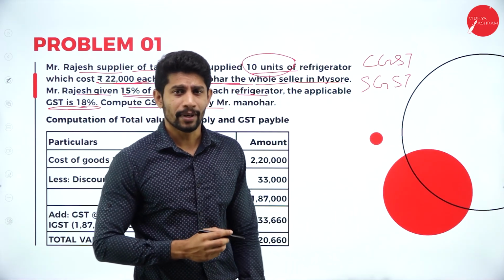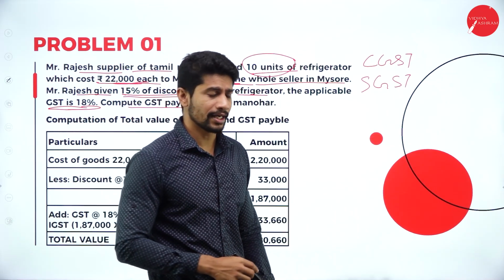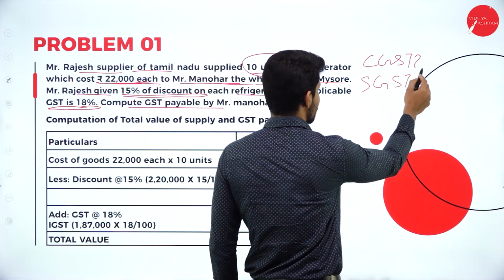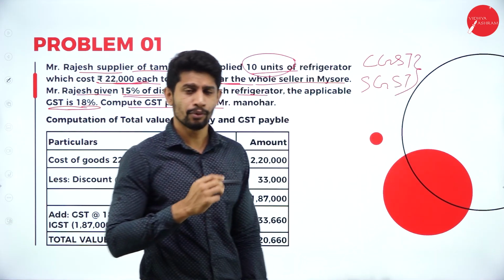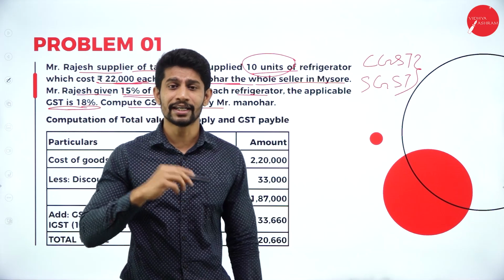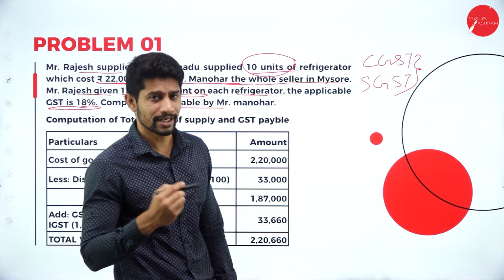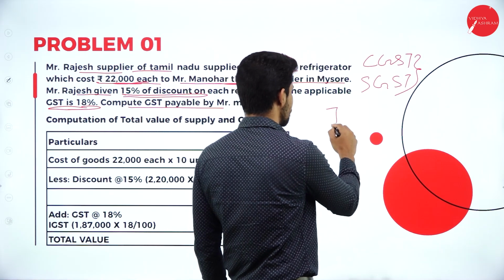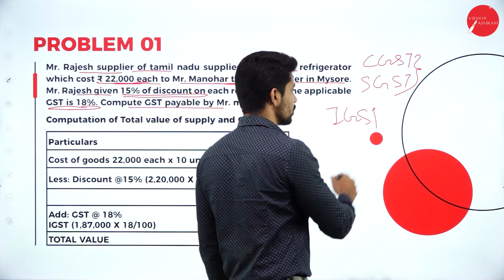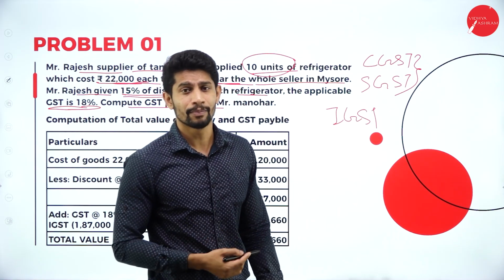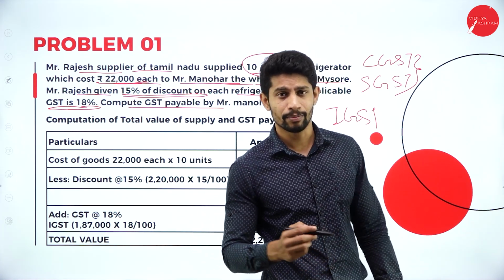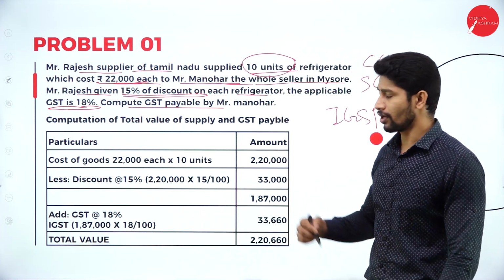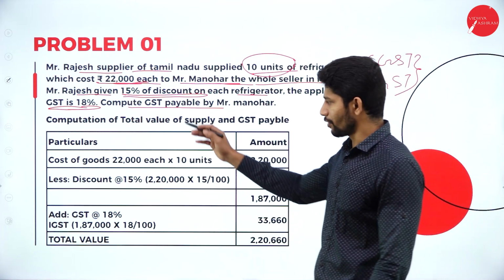If both buyer and seller are in the same state, then CGST and SGST is applicable. If the buyer is in some state and the seller is in another state, then IGST is applicable. So you should know this concept, then only you can compute the GST easily on a particular supply of goods or services. So now we solve the problem.